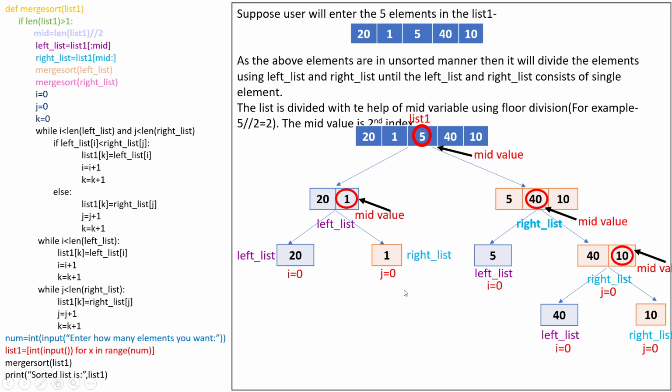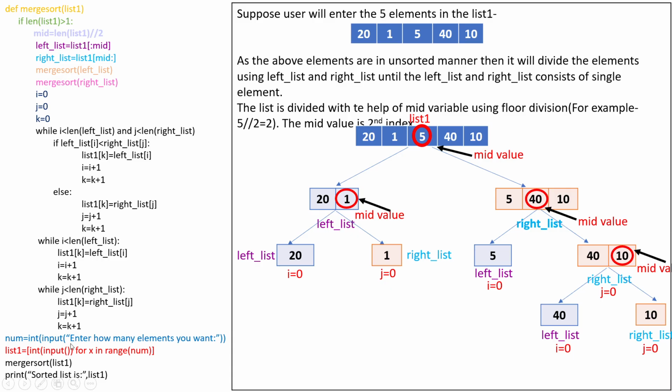So at the first position of k, what will be placed? The right list element. Which one? j is still 0. At the 0th position of this right list, I have 10. So 10 will be placed inside the first position of the sorted list.